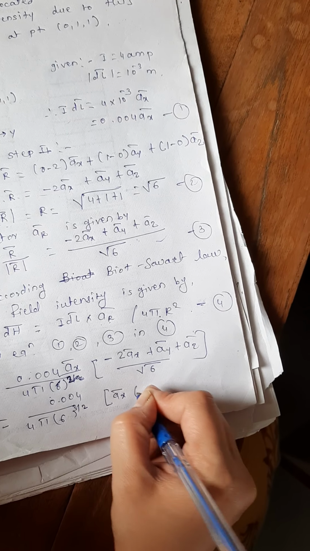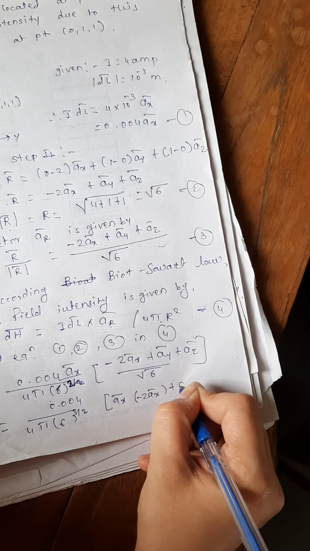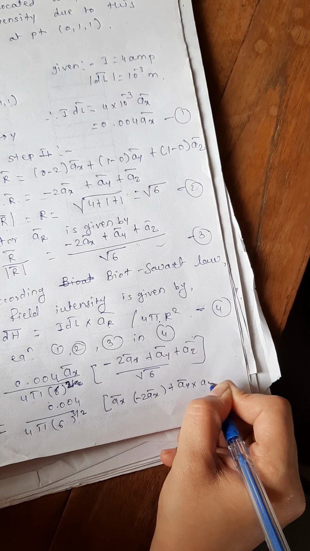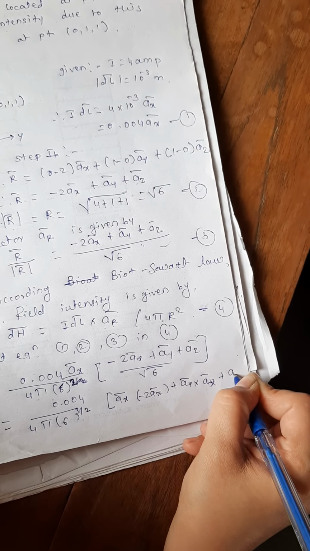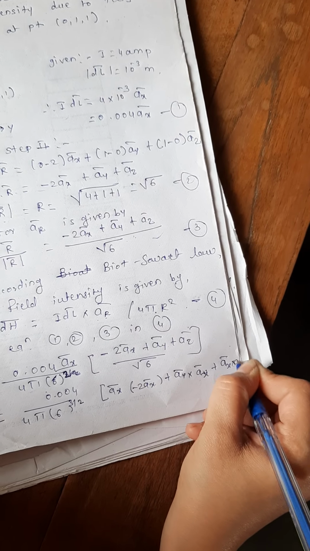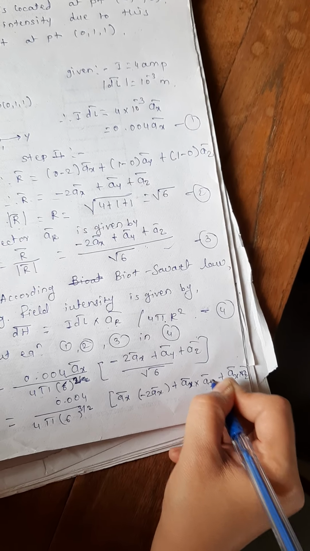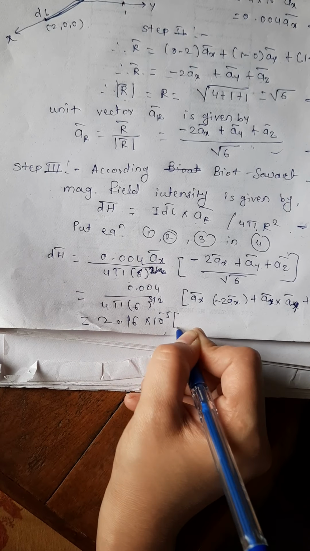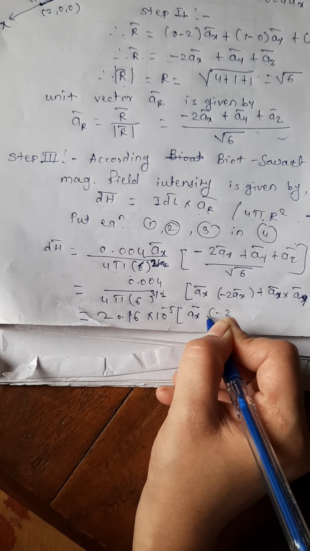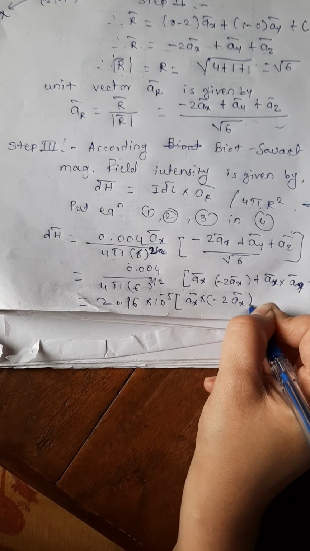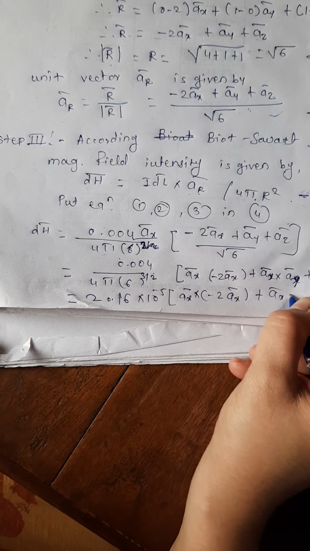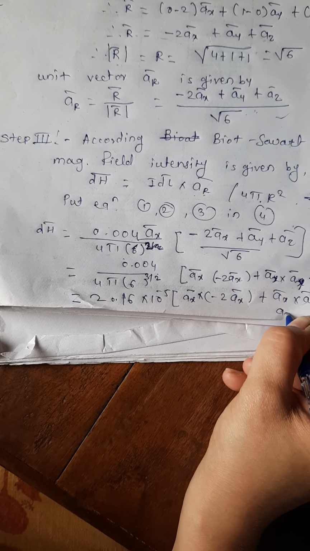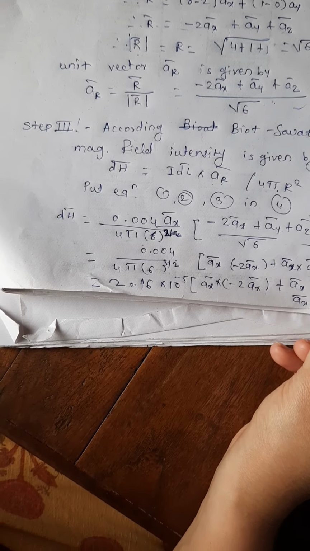So it is ax bar cross minus 2 ax bar plus ay bar plus az bar. While solving it, we get 2.16 into 10 raised to minus 5, ax bar cross minus 2 ax bar plus ax bar cross ay bar plus ax bar cross az bar.